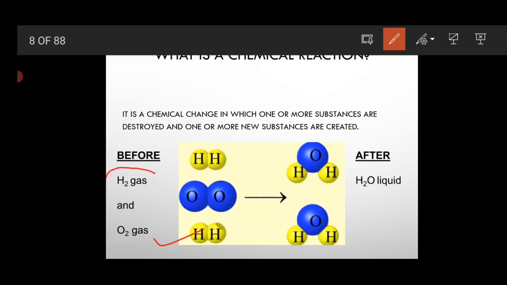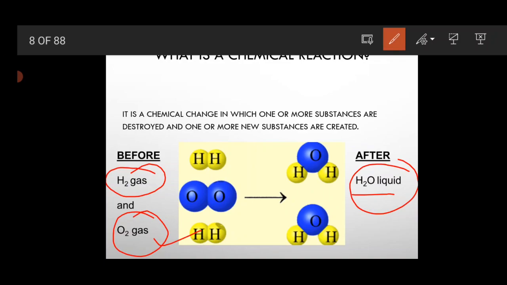Before the reaction, hydrogen gas is there and oxygen gas is there, and when they combine, it gives water in the form of liquid. Earlier, both the hydrogen and oxygen are present in gaseous form, but after the change, it is present in liquid form. So basically, what is a chemical reaction?